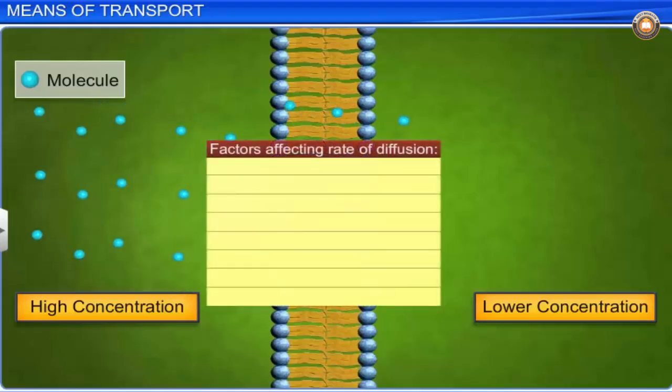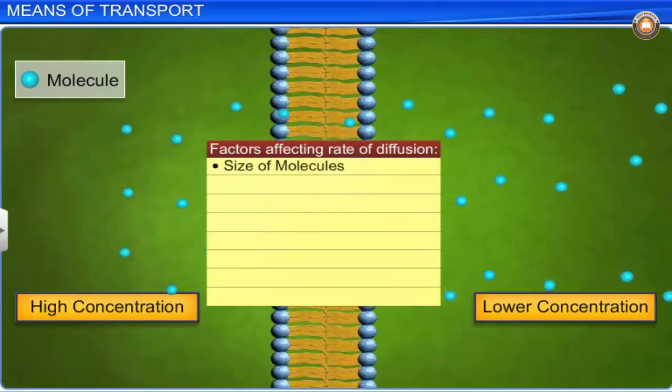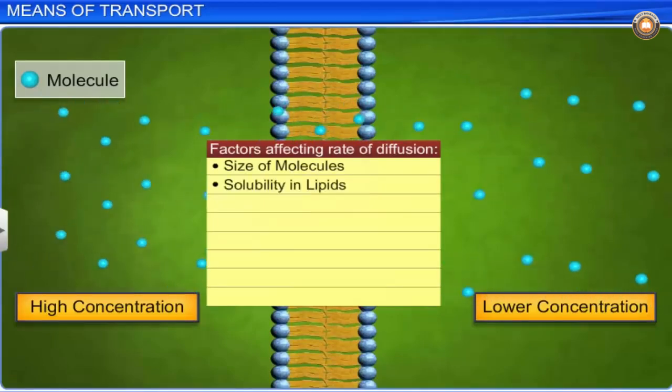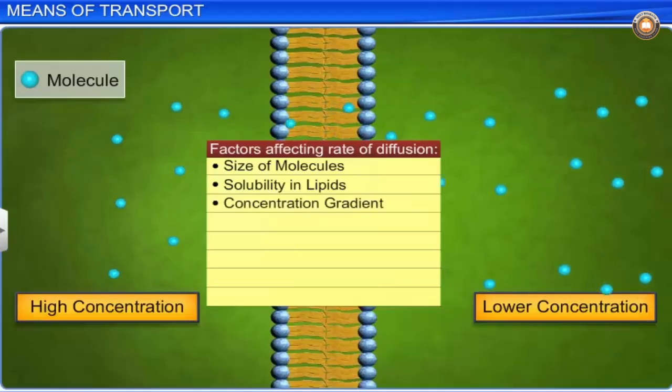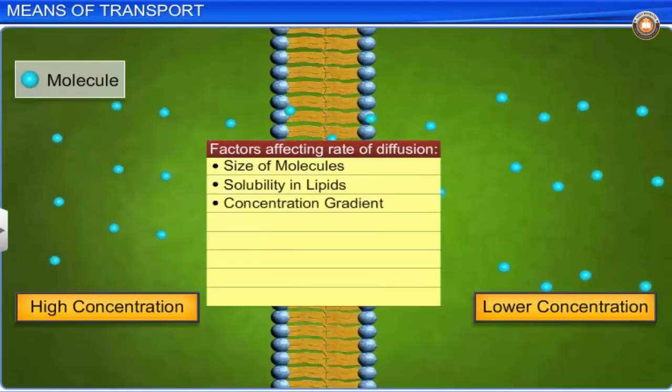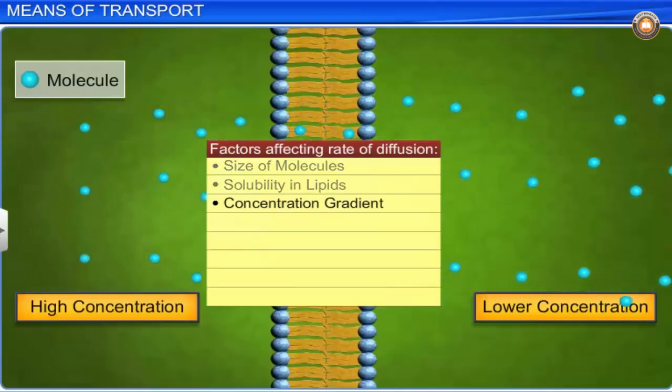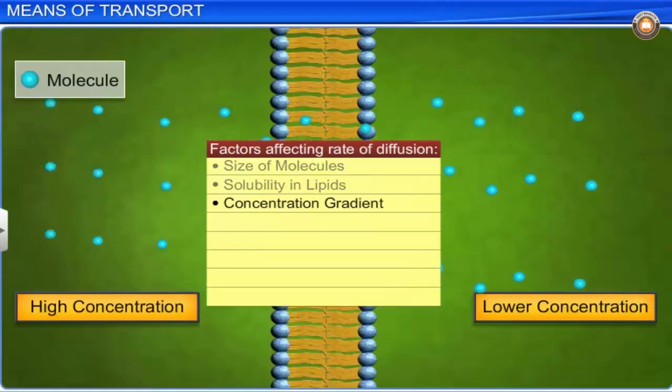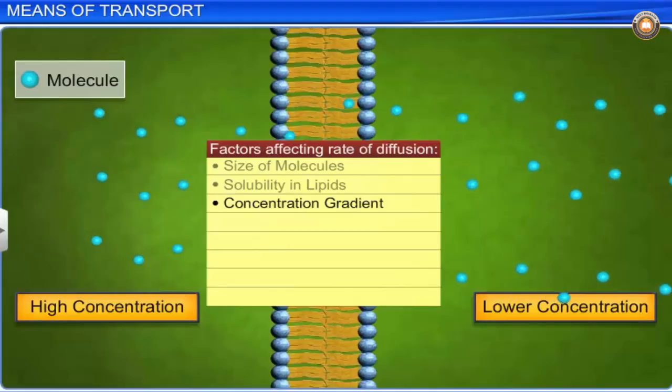The rate of diffusion is affected by several factors such as the size of molecules, their solubility in lipids, and the concentration gradient. Of these three factors, the concentration gradient is a must for diffusion to even take place.